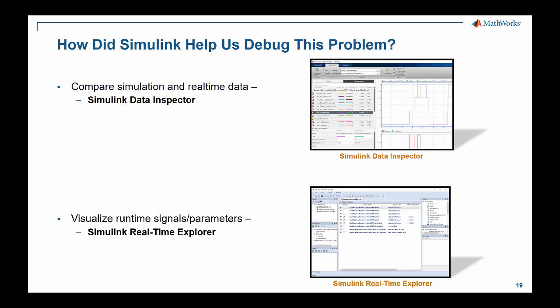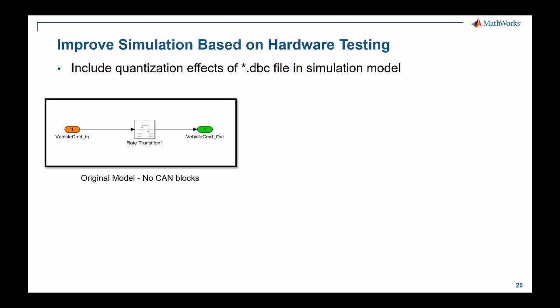This is all good, but you know what? I don't want to debug this kind of issue every time on hardware. I would like to prevent this issue in the first place. Again, this is where the tight integration of Simulink and Simulink Real-Time becomes valuable.